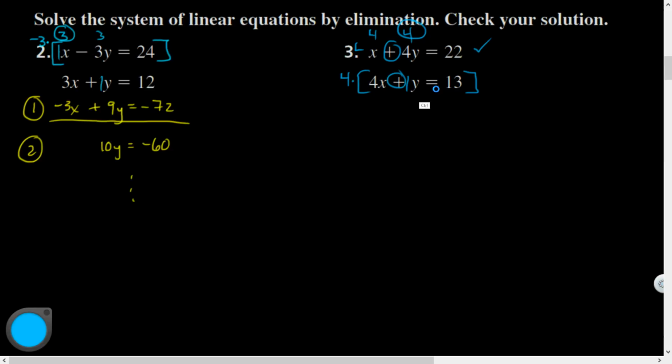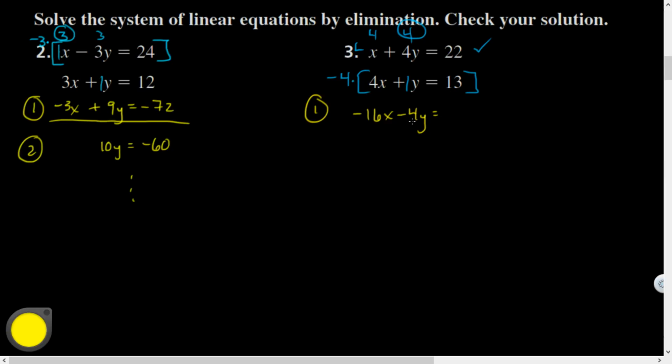They're both positive now, so let's multiply by a negative 4, right? Okay, here we go. Negative 4 times 4x is negative 16x. Negative 4 times 1y is negative 4y. And don't forget this other guy over here. Negative 4 times 13.